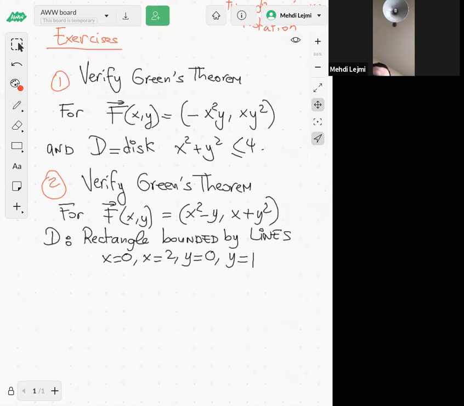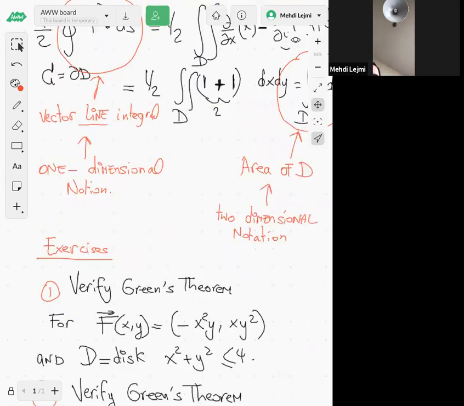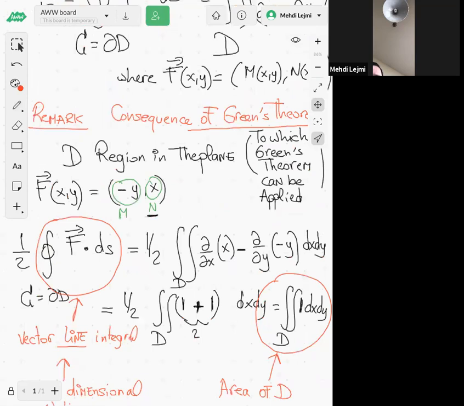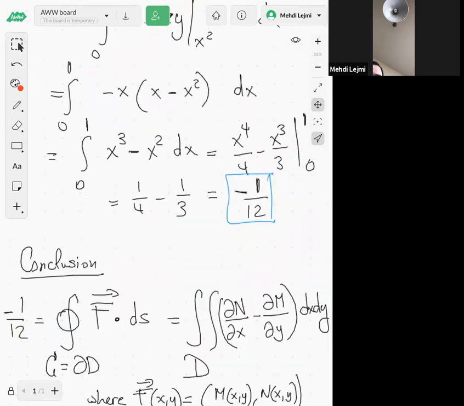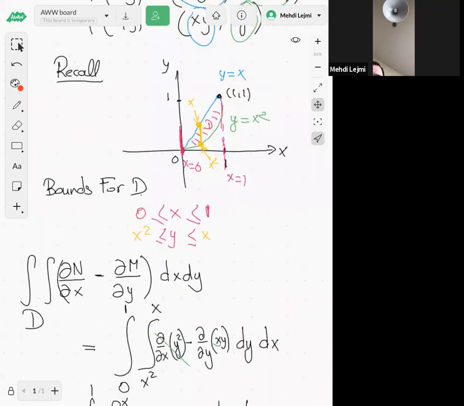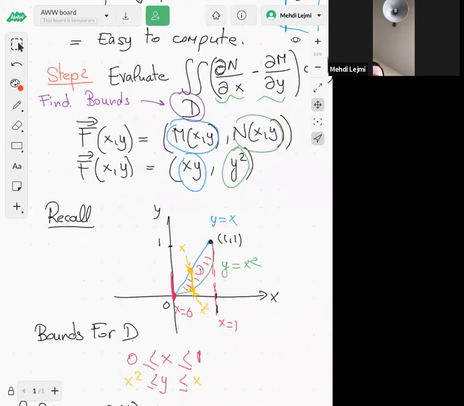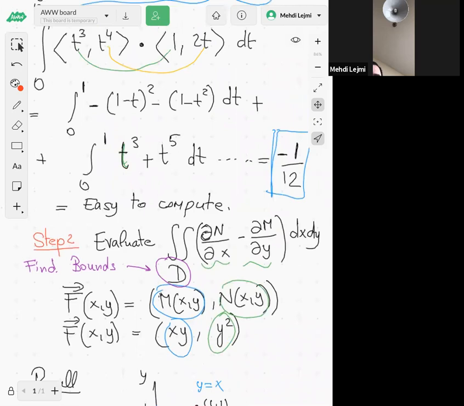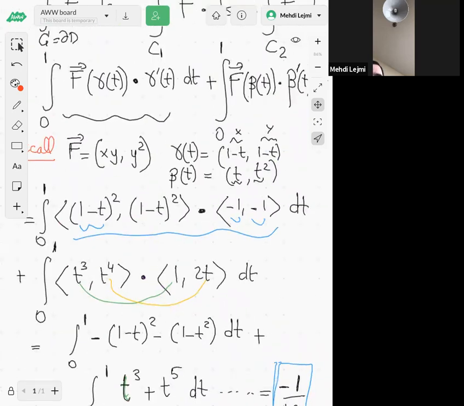So in these two exercises, guys, where you have to verify Green's theorem, you can just follow the example I had here, right? In this example, all we did was just to verify Green's theorem, right? We had two main steps.